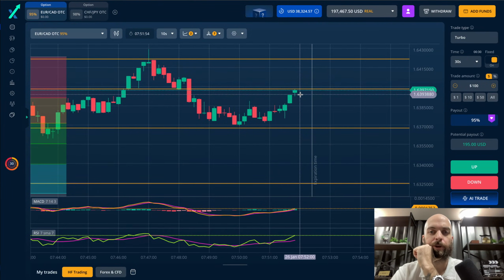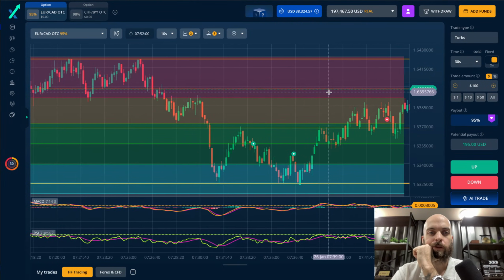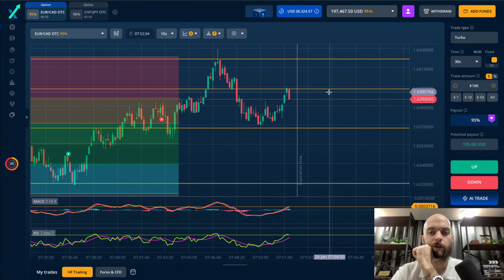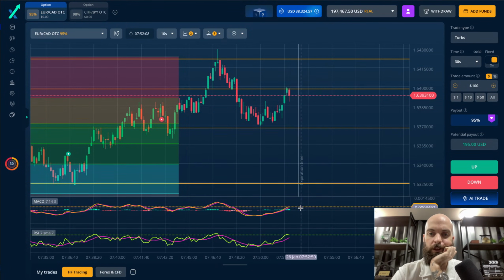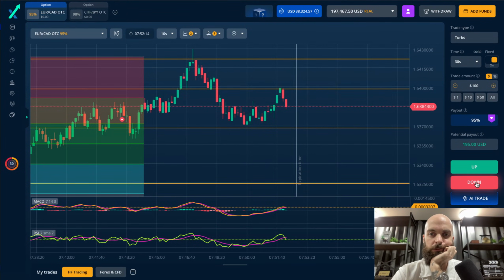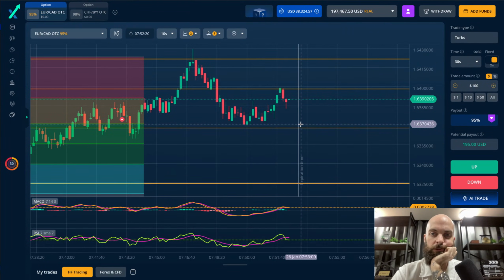See if it bounces or breaks through our zone. Okay, there's a little bounce. If we can catch two signals here, there we go, that's two. That could be a put.